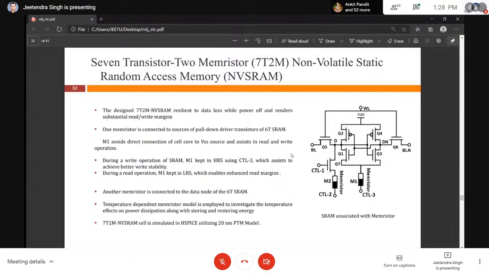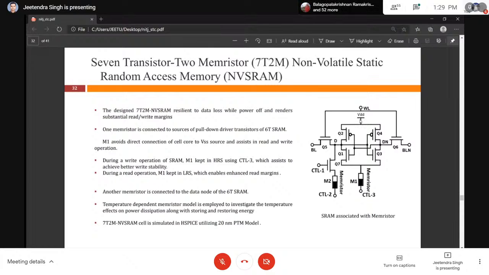We just call the Verilog file of the memristor model here, and the transistors used here are basically the PTM models of the 20 nanometer node.